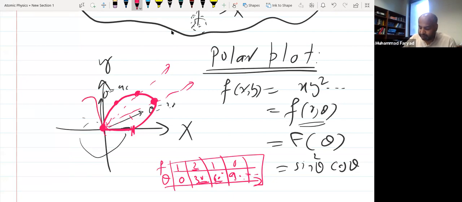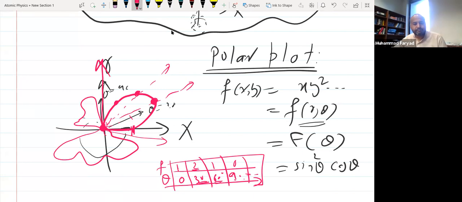Similarly, it could be like this. And in this direction and in this direction, the function is 0 because the curve in this direction collapses to the origin. So this is how the polar plot is defined. Everybody okay with the polar plot?